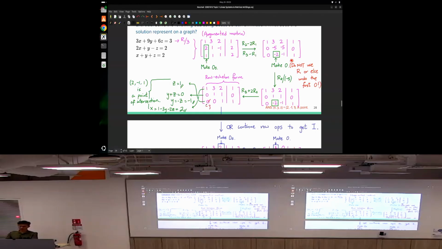Then you need to make this 0 again, and it cannot work. So you should understand that after we make the first 2 zeros, you have to use row 2, so that the 0 here will not affect this 0 after you perform the row ops. So if I give you a 4 by 4 matrix, you should know what to do.